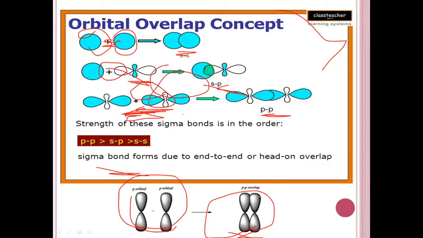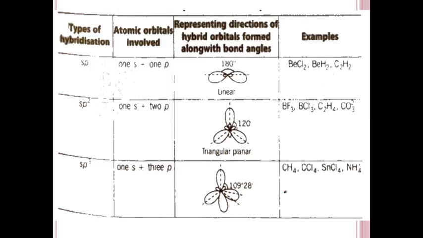Once the p orbitals overlap parallelly like this, then you get a pi bond. In all other cases of linear overlap you get the sigma bond. Sigma bond and pi bond are formed because of these kinds of overlaps. This is a very important concept that you have to know, so that we can get into hybridization in a more detailed way.